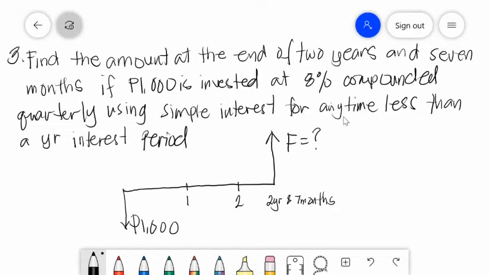So there are 2 conditions here: 8% compounded quarterly and using simple interest for any time less than a year interest period. So what do we mean by this? In the first 2 years, the interest is compounded quarterly, so compound interest.